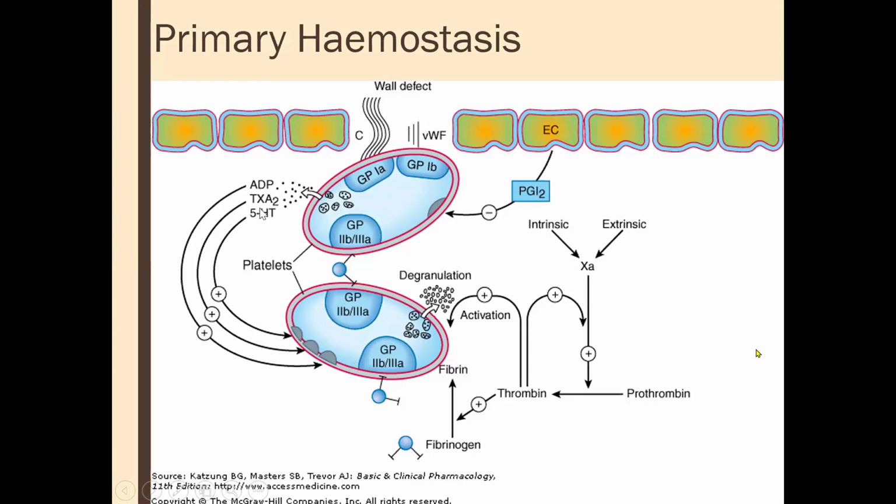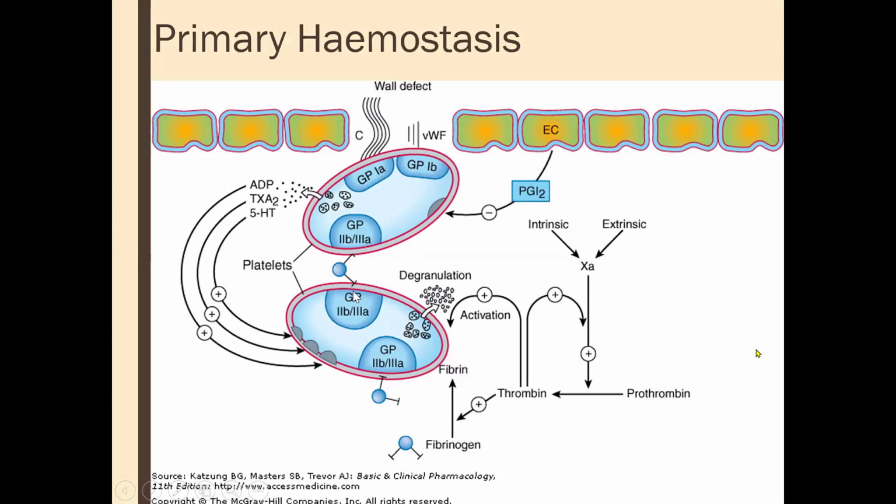The aggregatory mediators attract other platelets, and the platelets attach to each other through another receptor called the glycoprotein 2B3A receptor, right?